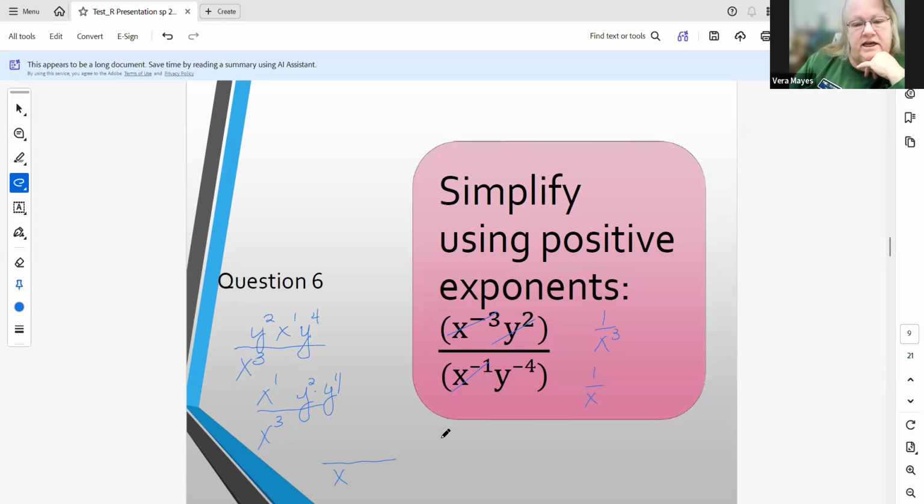So the x's, when they cancel, this is like having 1 x over 3 of them. And so one of them cancels, but it leaves 2 on the bottom. And all of the y's are on top. So we're multiplying. So we keep the base and add those exponents. So there's our final simplified answer.